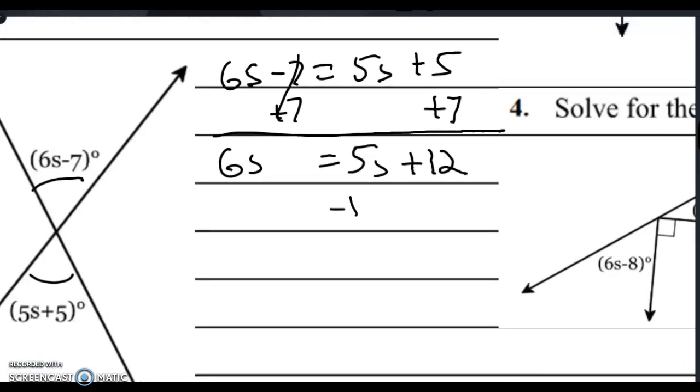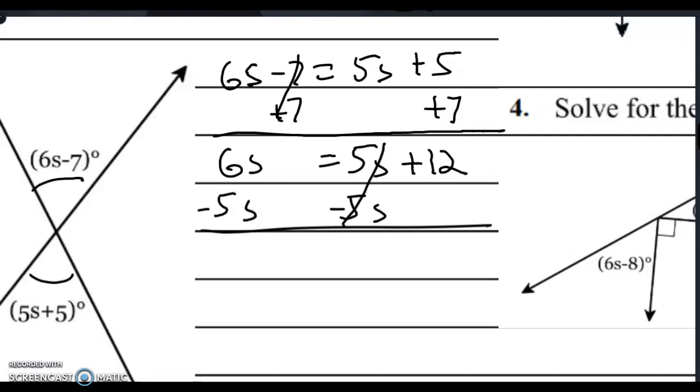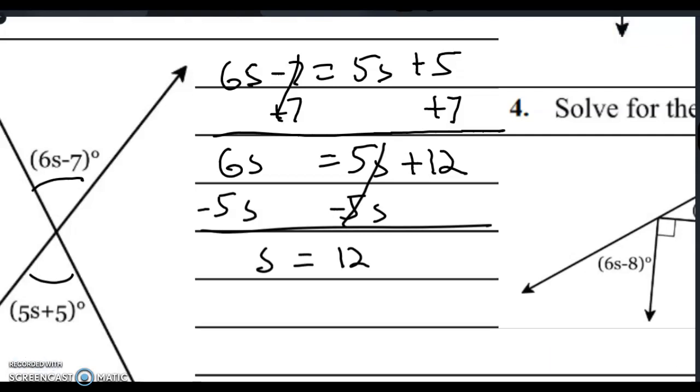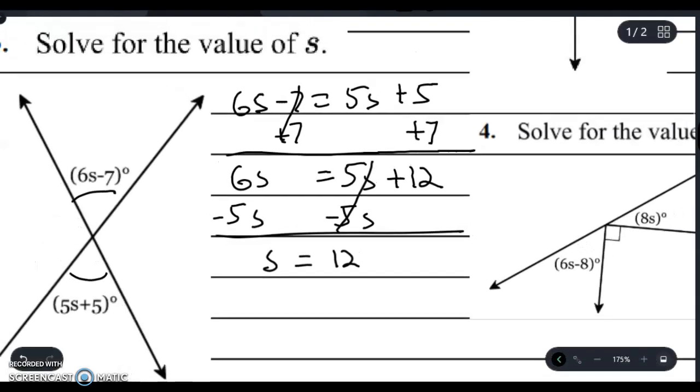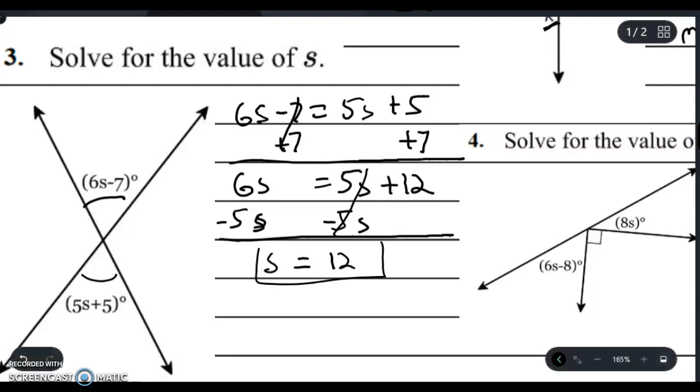And now I'm going to subtract 5S on both sides. The 5S cancel out. 6 minus 5 is 1. So I get 1S is equal to 12. So just remember, if you have a coefficient here, your next step is to divide. But S is equal to 12 here. And since we're not trying to find the angle measurement, this is our final answer.